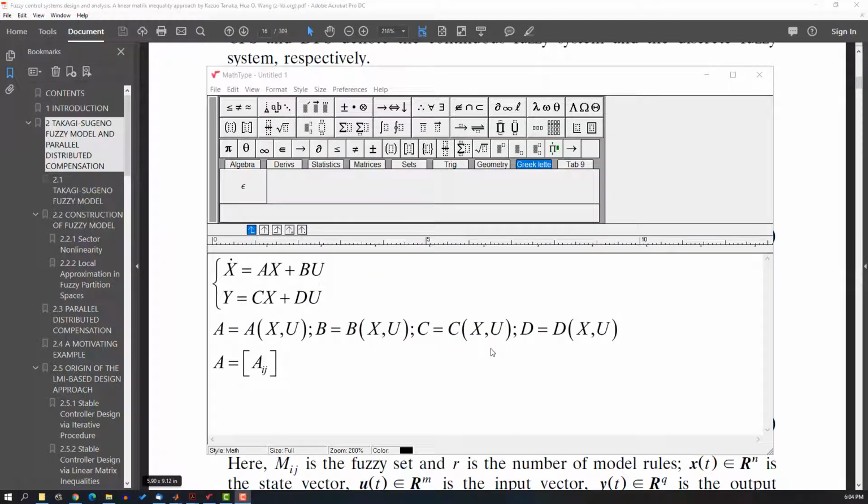So imagine you have a state-space system like in the previous lessons, but in this case the state-space matrices are functions of the state and the input of the system.